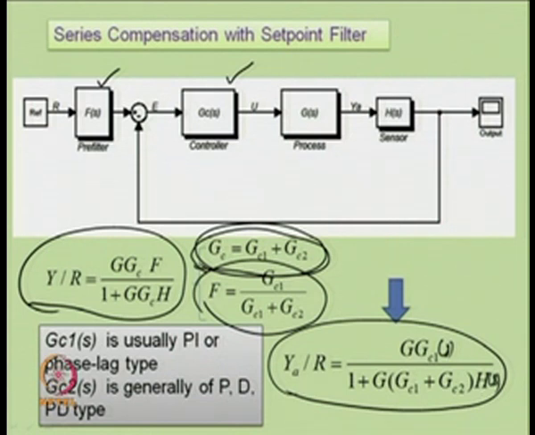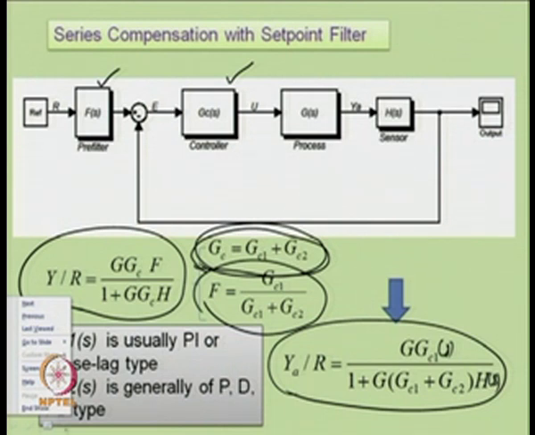Now, GC1 is usually PI or lag type, and GC2 is generally of proportional derivative type, as we have used in the earlier series feedback compensation scheme.